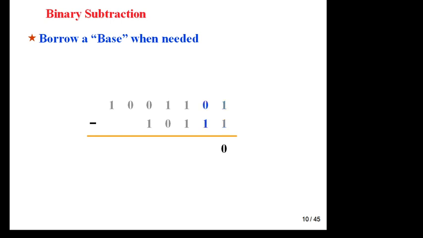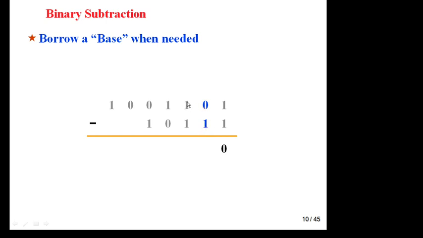1 minus 1 is 0. In this case there is no problem, because both are equal, so it is not smaller. Now 0 minus 1 is not possible, so you take one borrow from here.